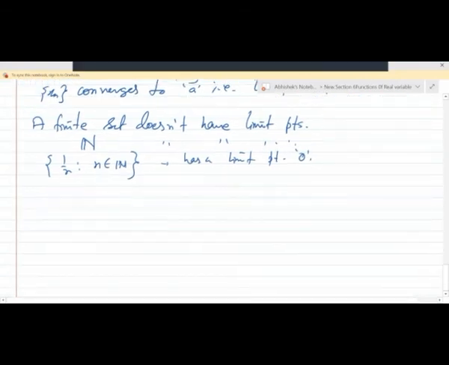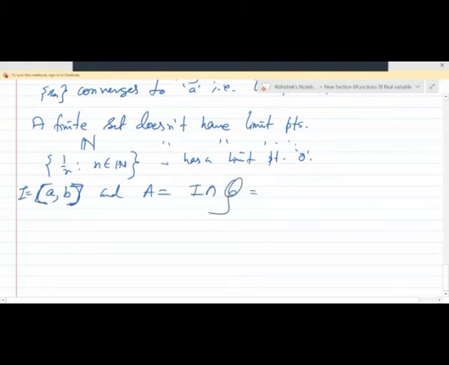If you consider any interval, suppose take closed interval AB, and suppose it is your I, and A is I intersection Q. That means we are considering those rational numbers sitting inside this interval.